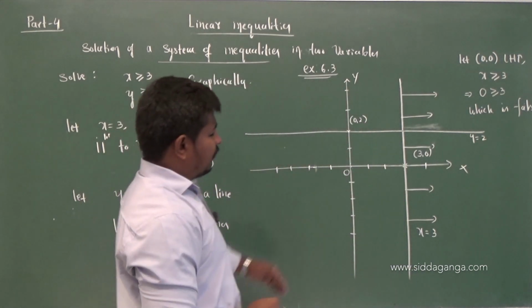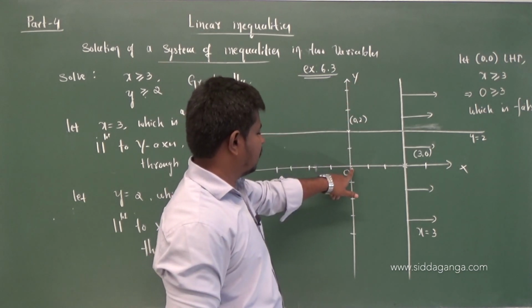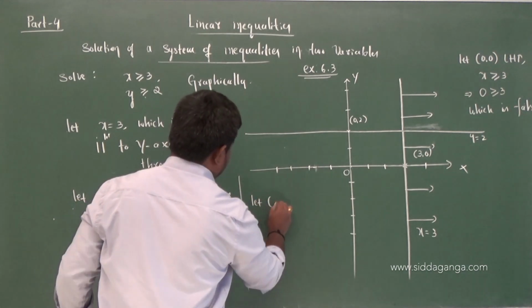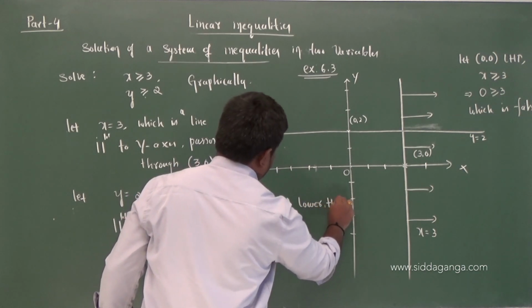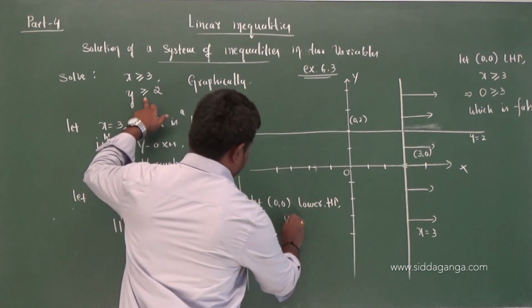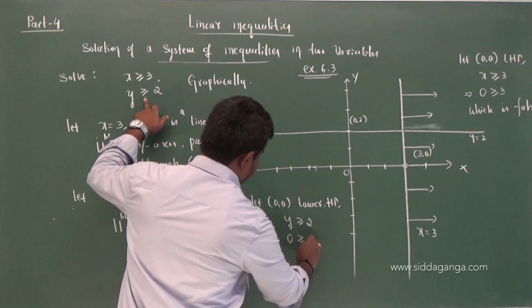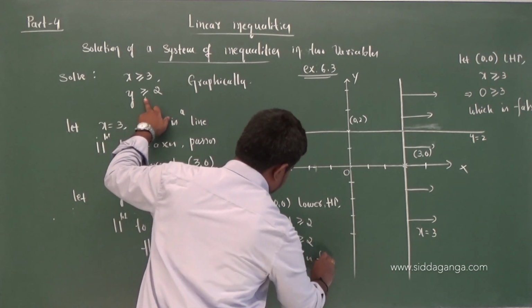Again, this line divides the plane into an upper half plane and a lower half plane. Take the same point 0 comma 0 from the lower half plane. Substitute in the given inequality, y is greater than or equal to 2. Y is again 0, so 0 is greater than or equal to 2, which is again false.